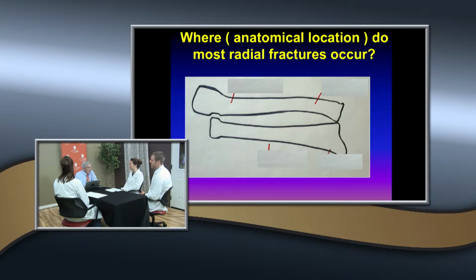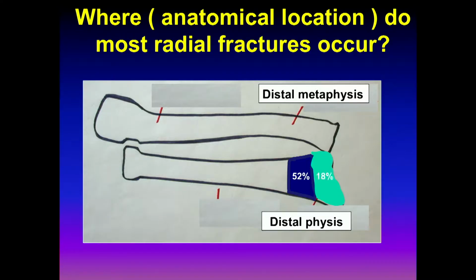Now, where do they mostly occur in the radius? Where do you see most radius fractures in the emergency room? In the metaphysis, that's right. About 52% occur in the metaphysis, and then you add on the distal physis.